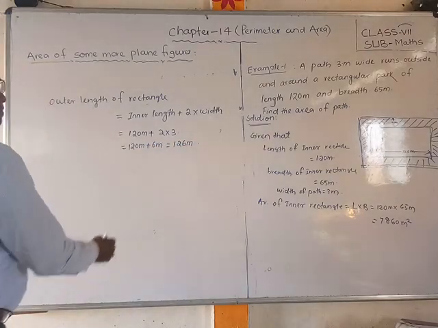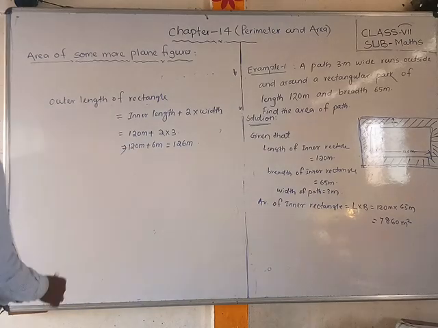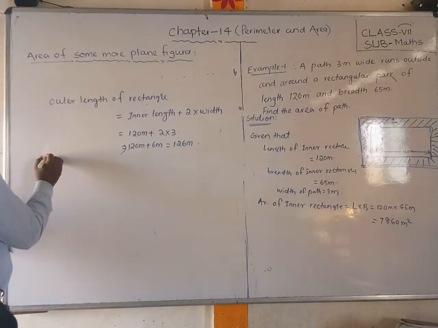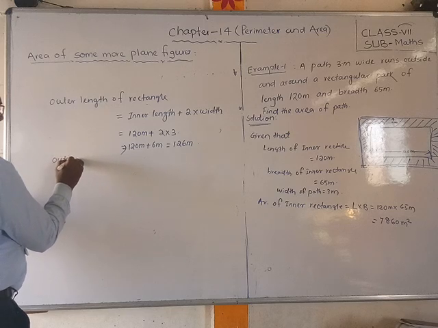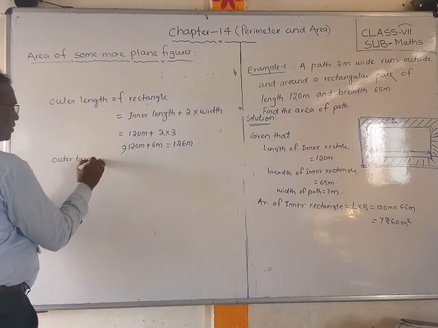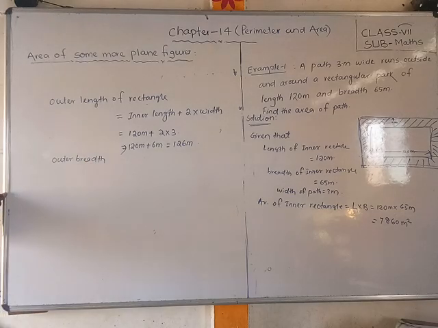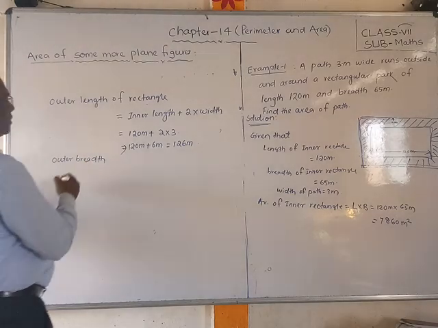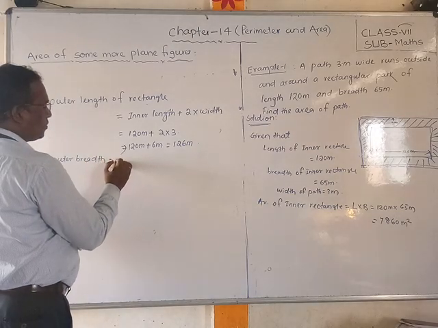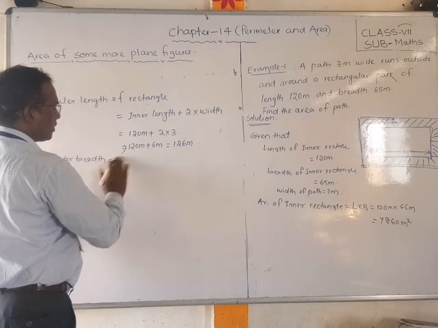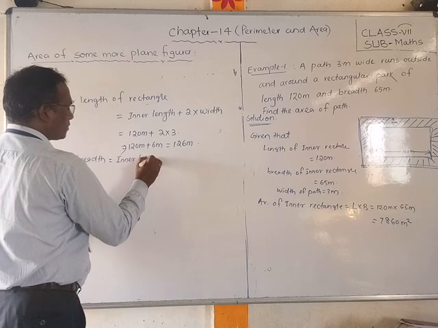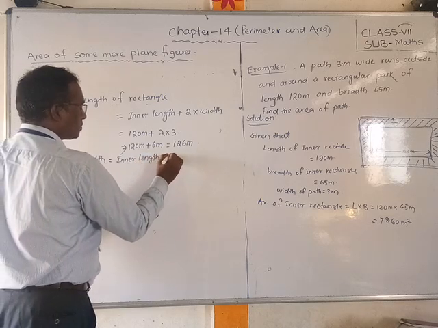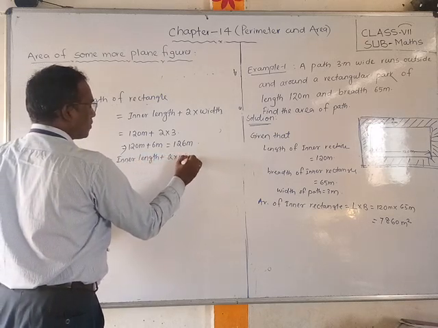Okay, so now we can do the same for outer breadth. Outer breadth is equal to inner breadth plus 2 into width.